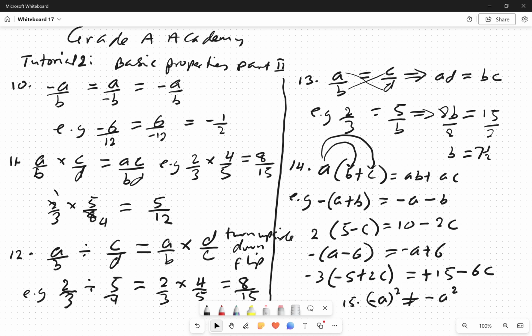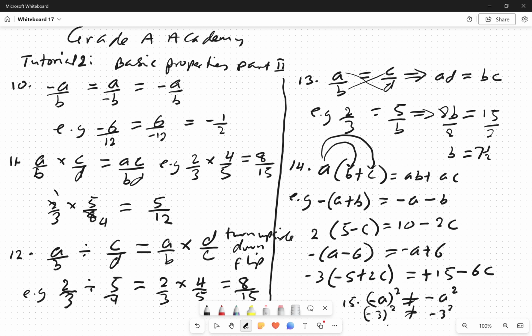For example, we should know that -3 squared is not equal to (-3) squared. The one in brackets means negative times negative, and you're going to have 9.